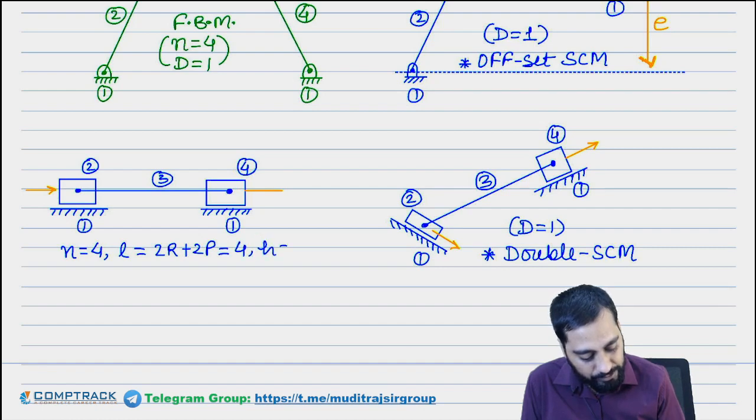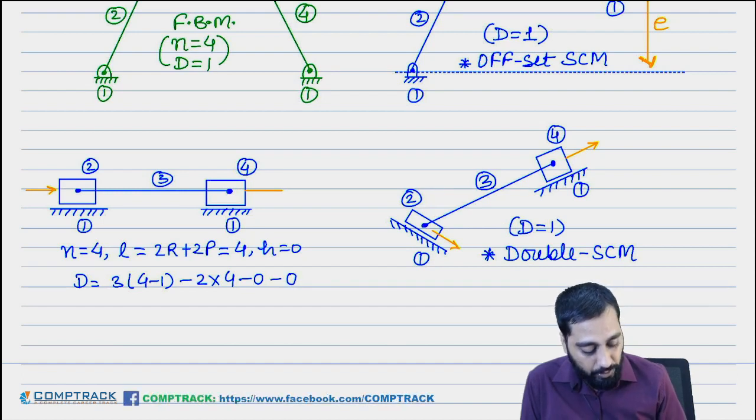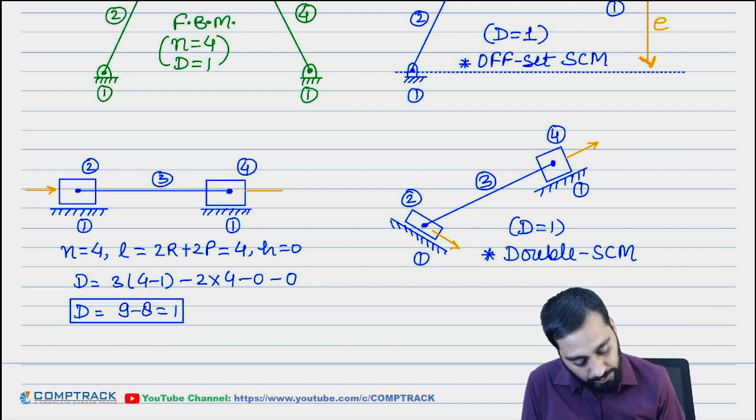How many higher pairs? 0. So now you can check the degree of freedom: 3(n minus 1) minus 2L minus H, and no degree of redundancy. So here the degree of freedom will be 9 minus 8 equals 1. So theoretically it is a mechanism, yes or no? Mechanism by theory.